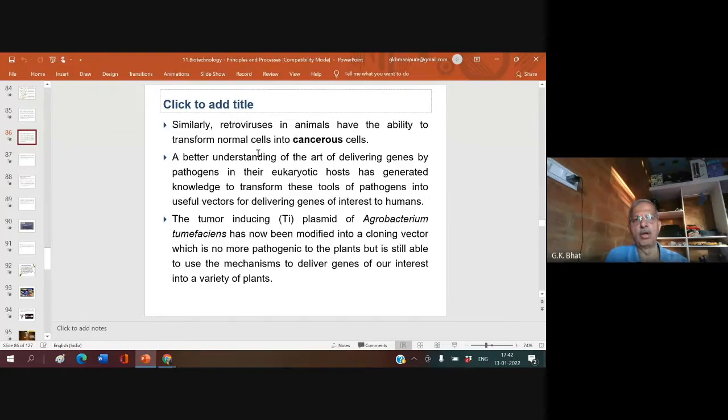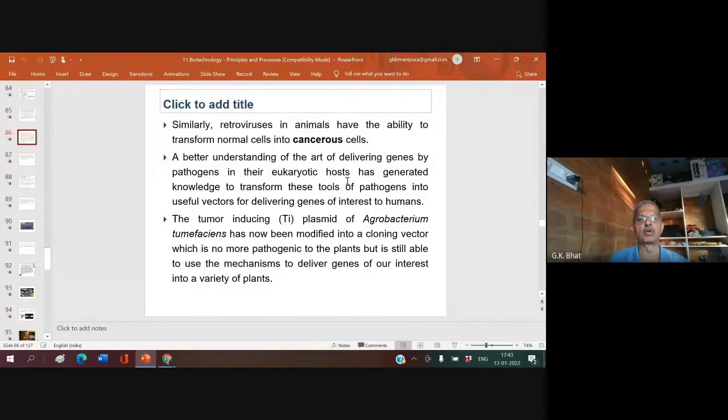So now, from this bacterium, we learned that the bacterium can transform a normal cell into a tumor cell and get whatever is required produced by the plants. So this knowledge we are trying to use for sending whatever we want into different organisms.